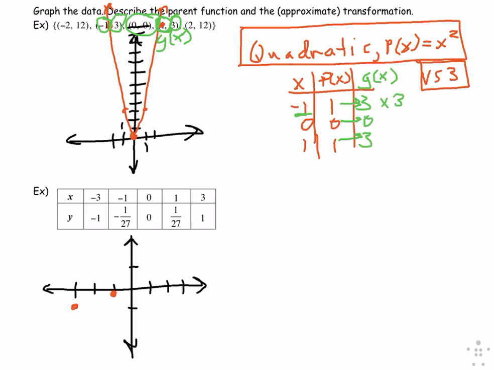That's good enough. We're at the origin, just above the x-axis at 1, and then 3, 1. That's kind of tricky. But we're going to stick with just the 5 parent graphs for now that we talked about in this lesson. So from here, I could tell that the parent graph is cubic.